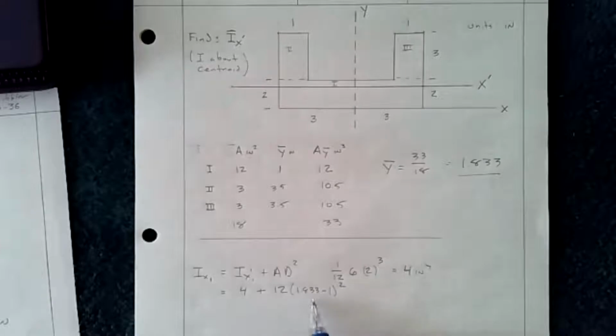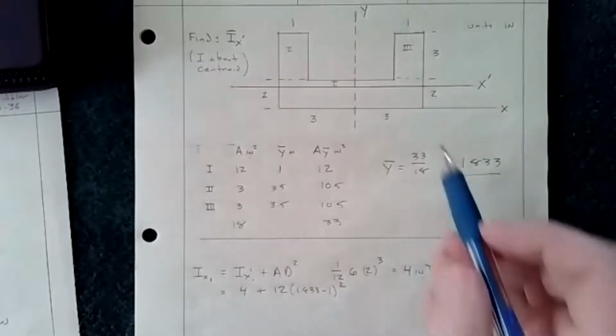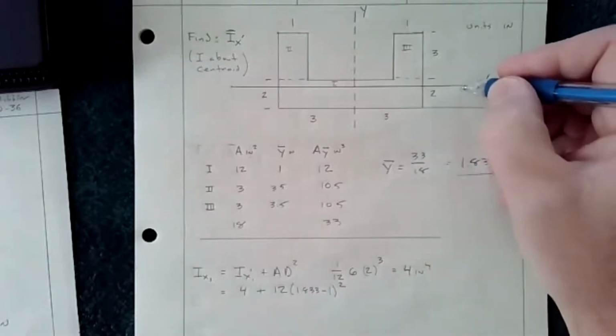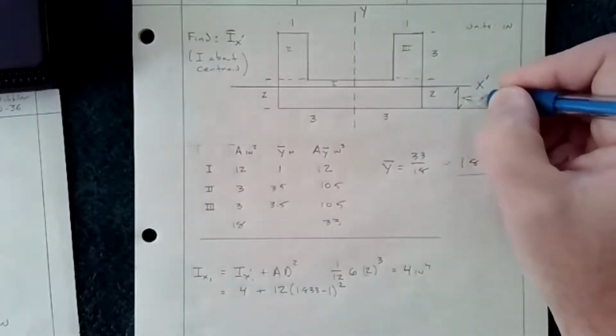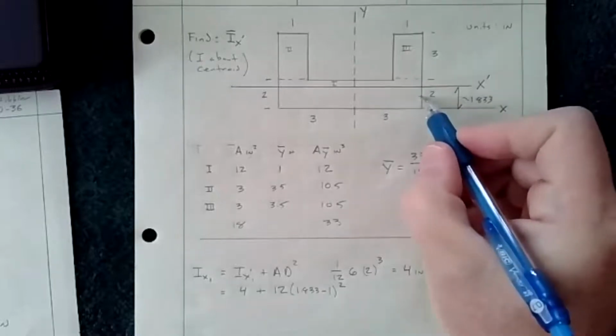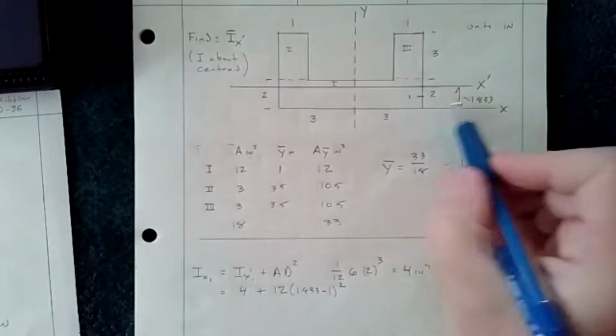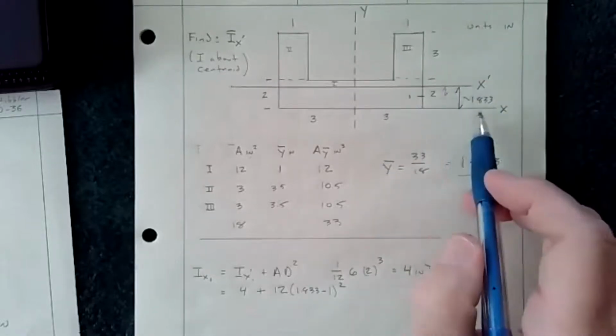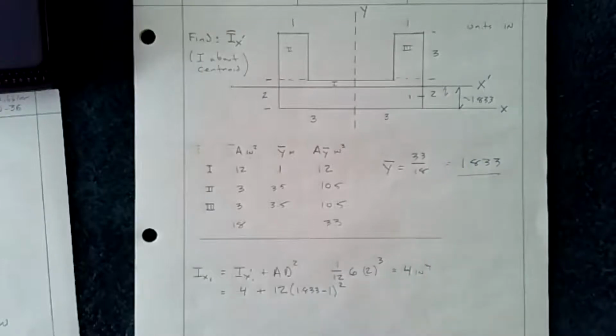Notice that because it's squared, it really doesn't matter which one you subtract from. So we know this distance, again, is 1.833. If we know that this distance here is 1, then we're just looking for this difference right there, which is 0.833 in this case.